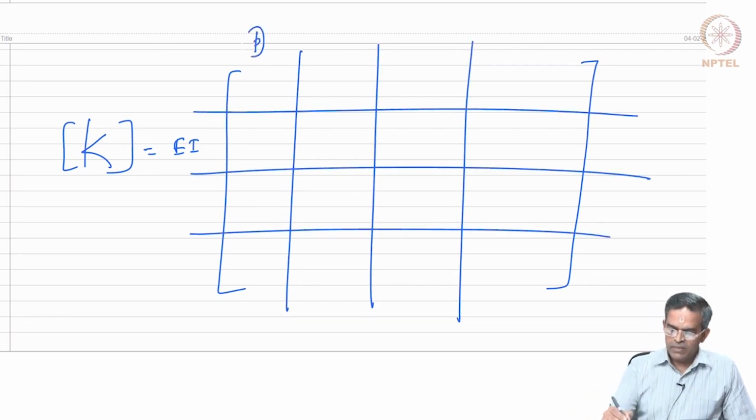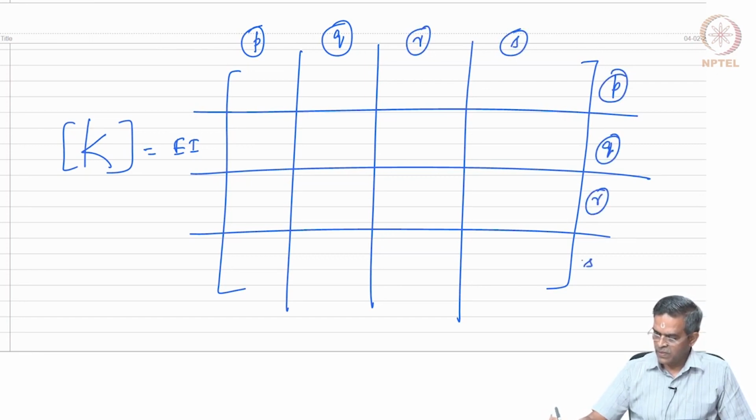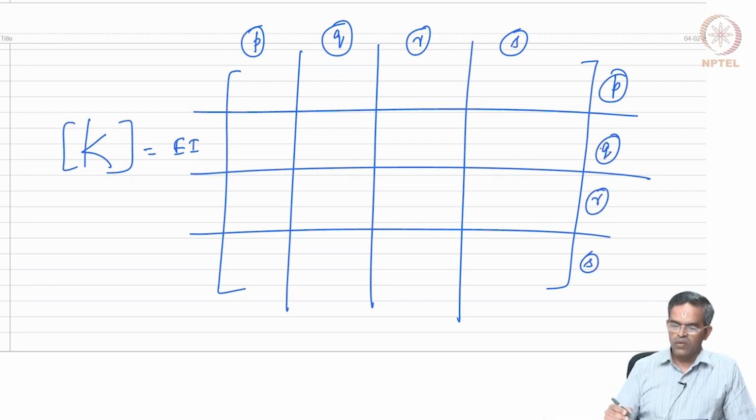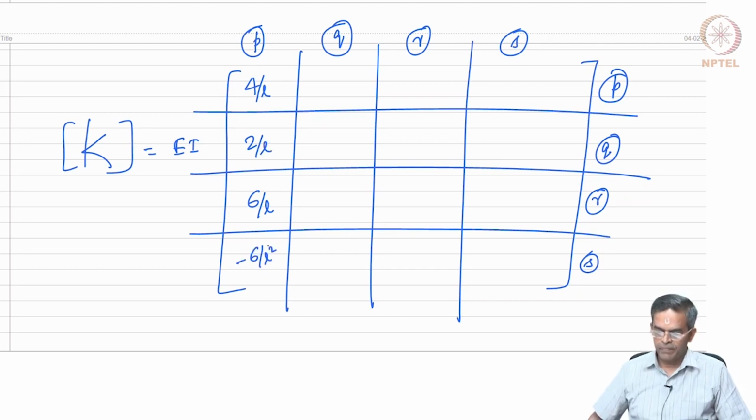Let us have the labels as P, Q, R and S. This is Q. We know this is 4, 2, 6 by L, 4 by L, 4 by L, 6 by L, minus 6 by L square.